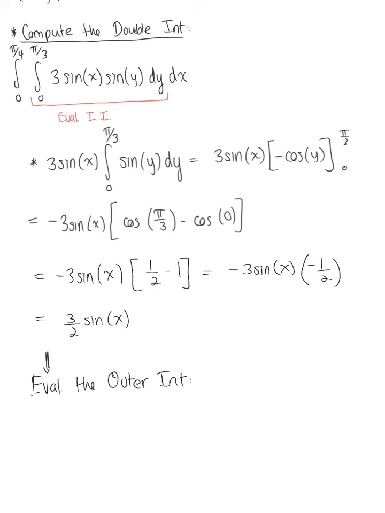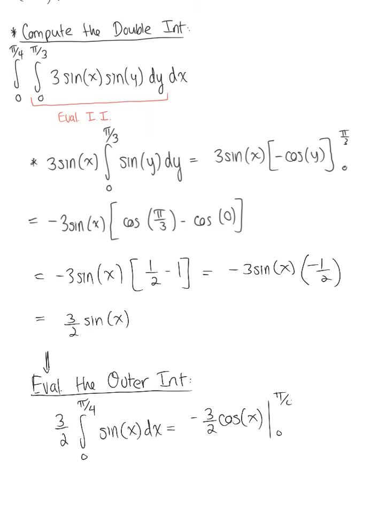So we are integrating now with respect to x. So we have 3/2 times the integral from 0 to pi over 4 of sine of x dx. So this integrates to negative 3/2 multiplied by cosine of x from 0 to pi over 4.